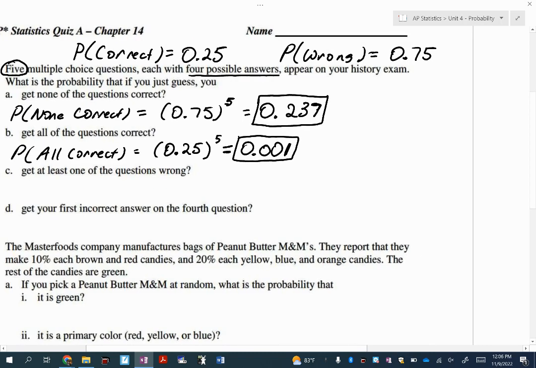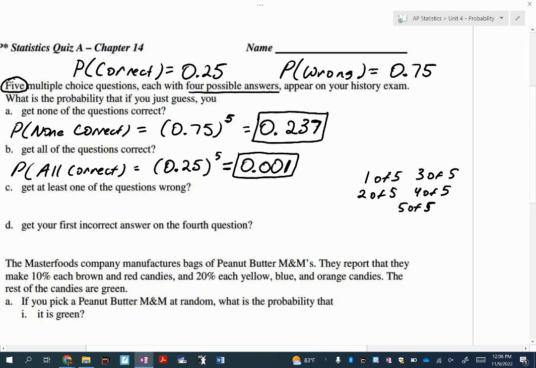So at least one wrong would be 1 out of 5 wrong, 2 out of 5, 3 out of 5, 4 out of 5 wrong, or all wrong, right? The complement to this would be none wrong or all correct.